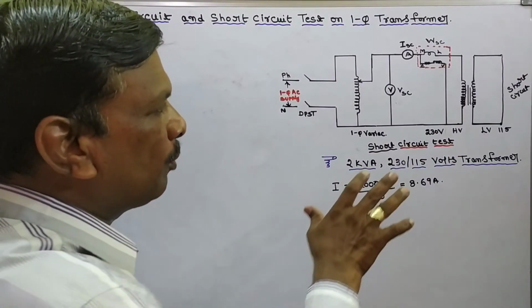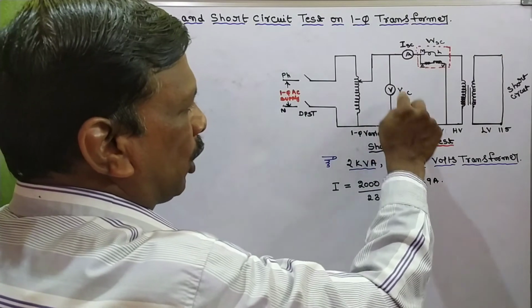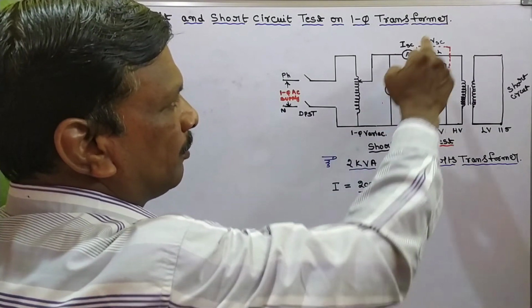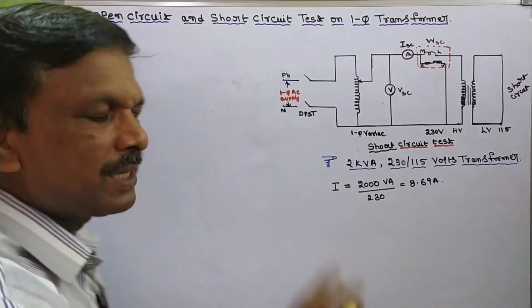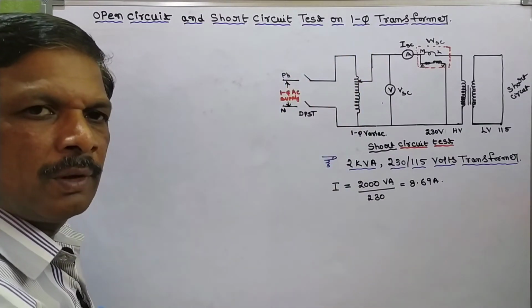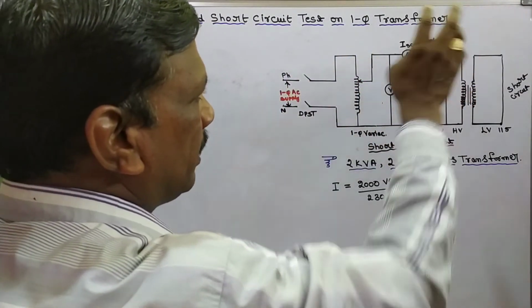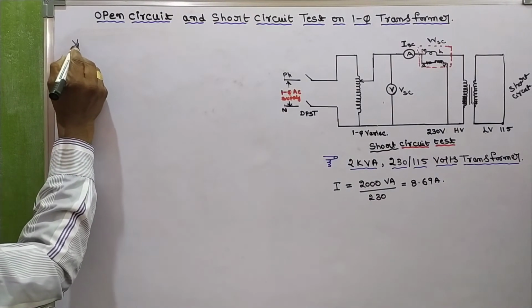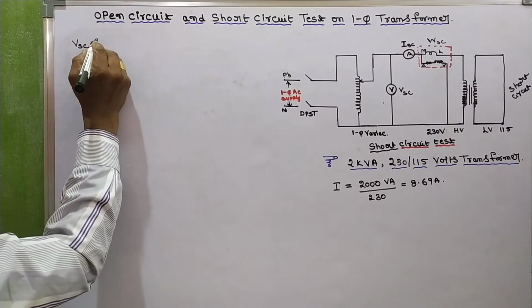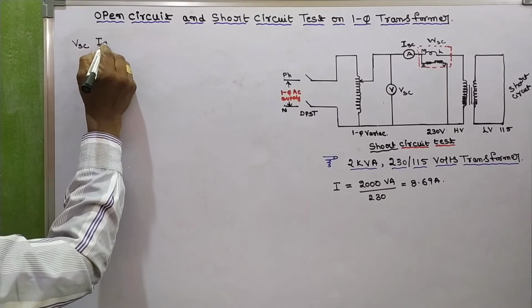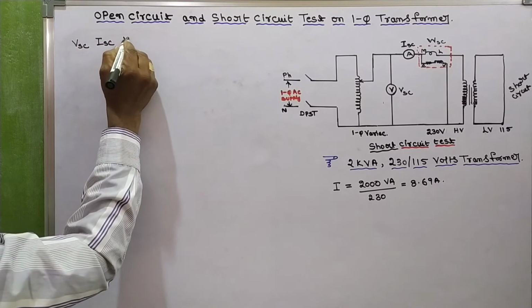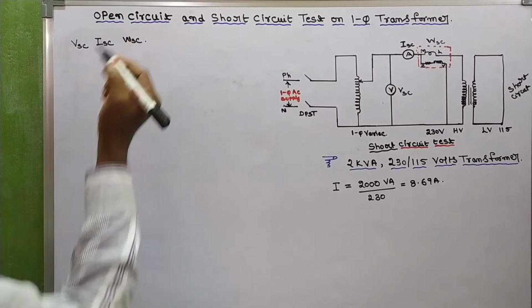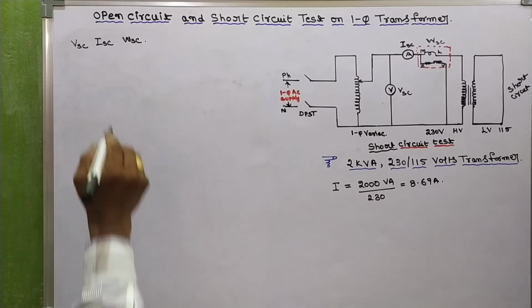Now note down the VSC value and WSC value by setting ISC. So now we have VSC, ISC and WSC values.